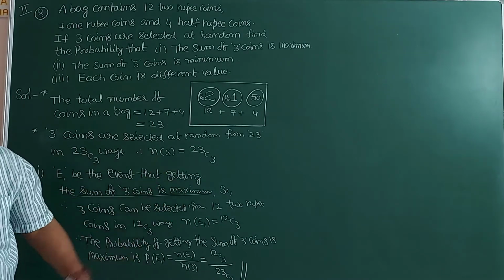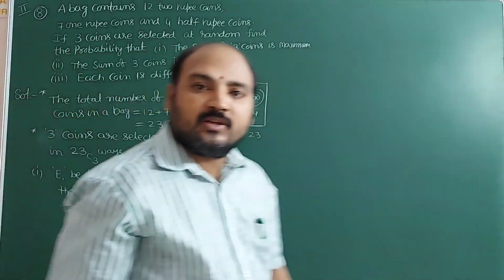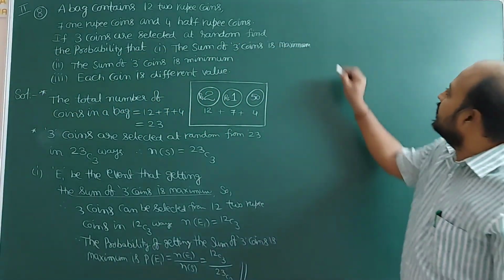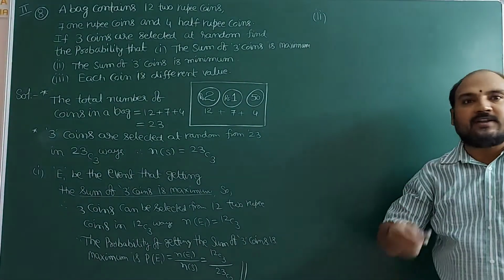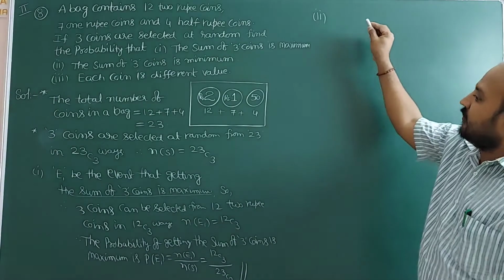We'll move on to the next question. See here, what is the second question? Roman 2: the sum of 3 coins is minimum.